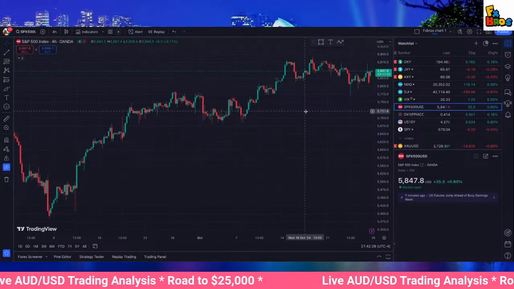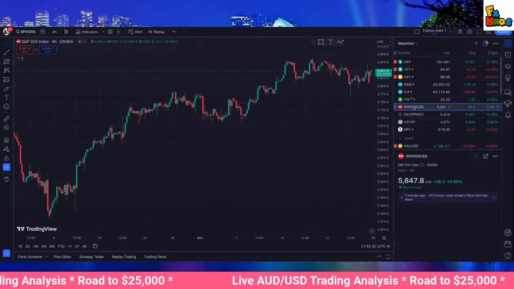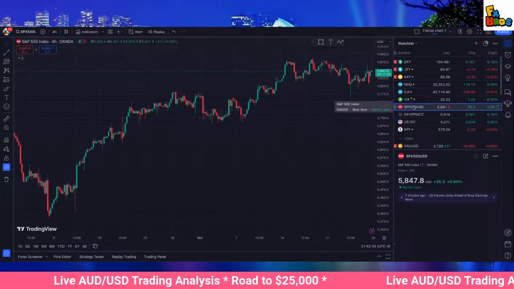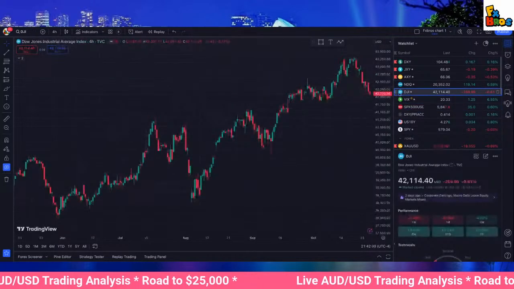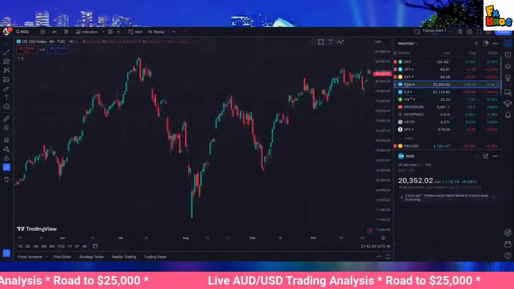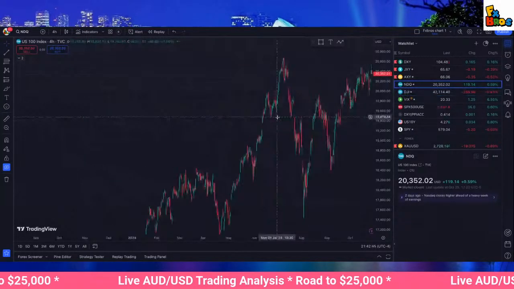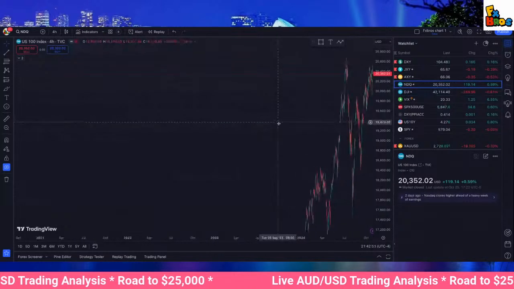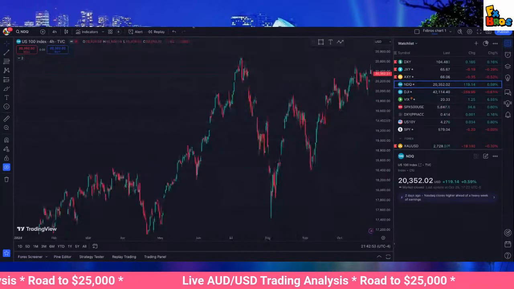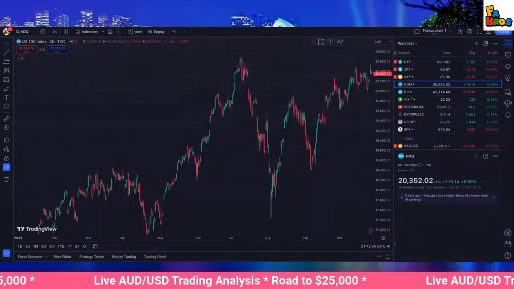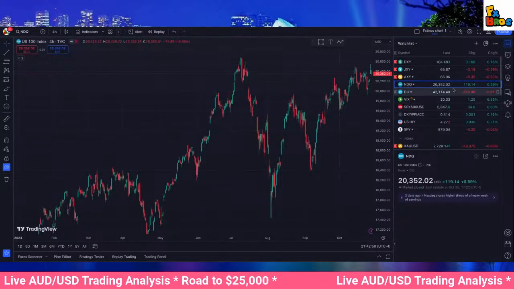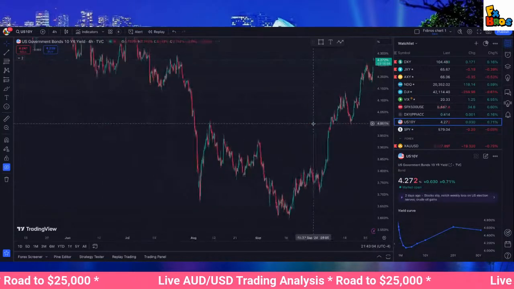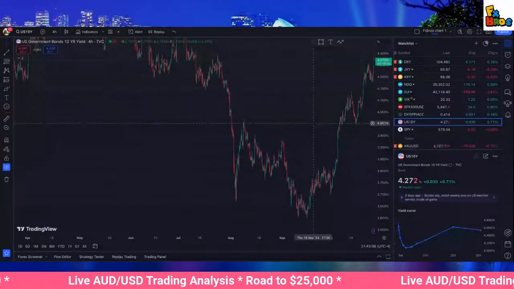S&P looks like it's trying to creep its way back to all-time highs. US 30 selling off. NASDAQ looking like it's trying to creep to an all-time high. Ten-year yield up.